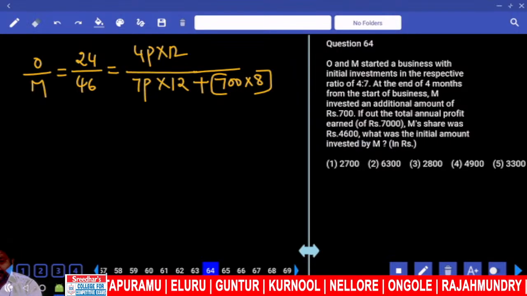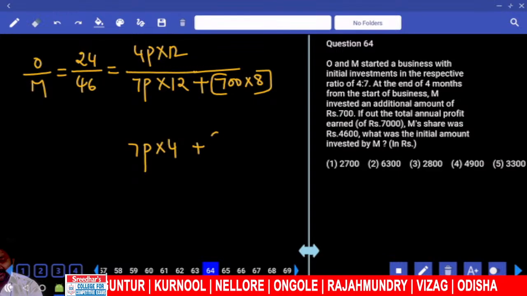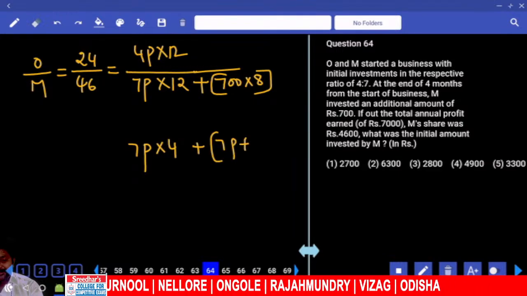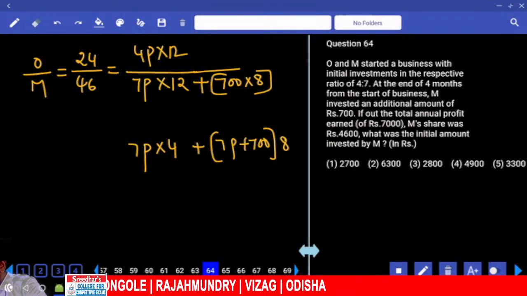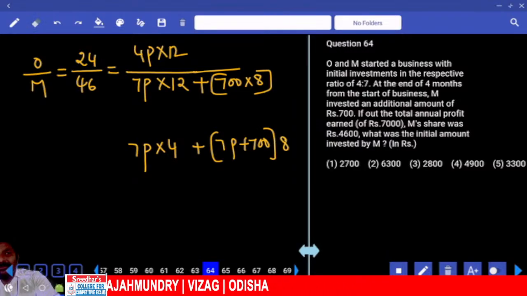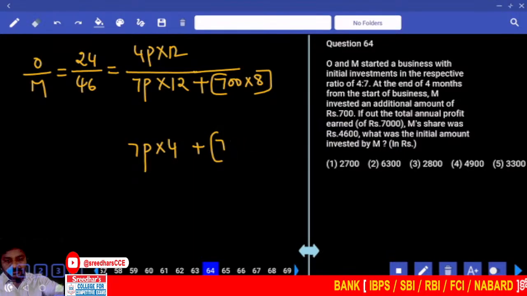Usually we used to write it as 7 parts into 4, after that 7 parts plus 700 into 8. Instead of that, what I am taking, initial investment is spread entire year. Whatever is the extra, 700 rupees, that is there for 8 months. That I am taking separately. Is it okay? Right.